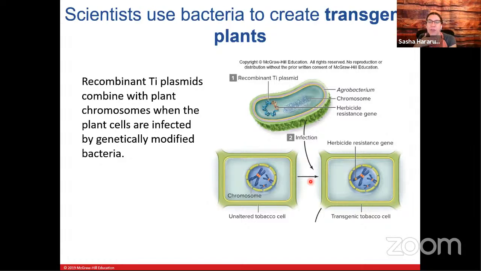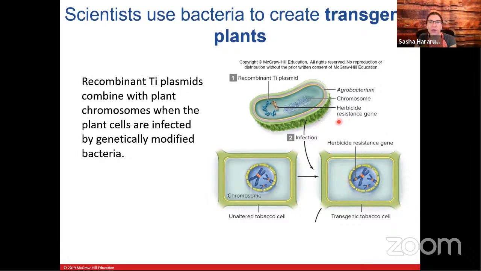If they decide to kill the weeds with herbicides, the non-genetically engineered crop would die as well because the herbicide does not distinguish between crop and weed. But if the crop is genetically engineered to be resistant to herbicide, then only the weeds will die, and the crop culture of interest will survive and thrive.